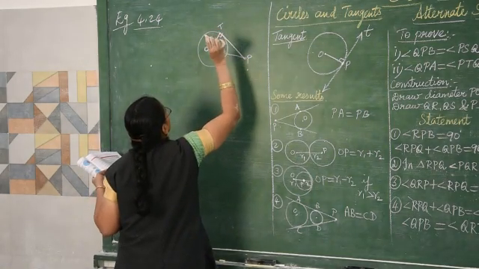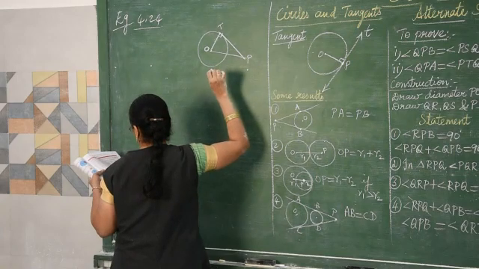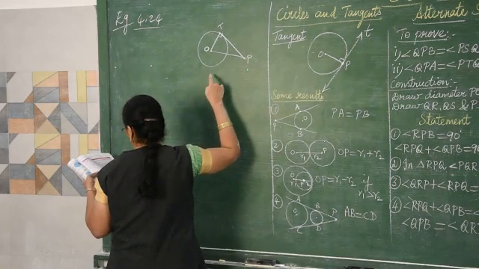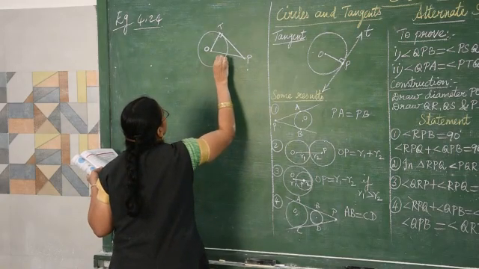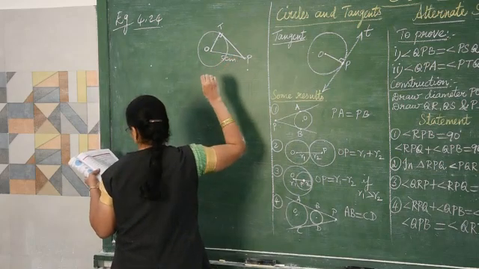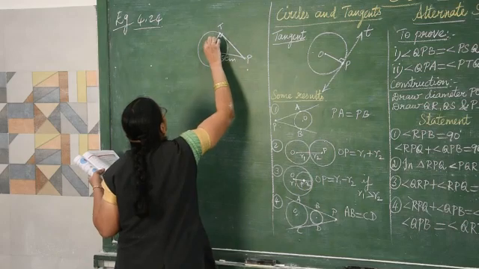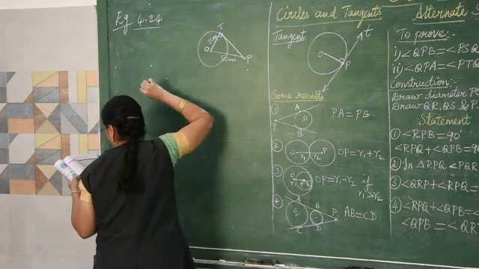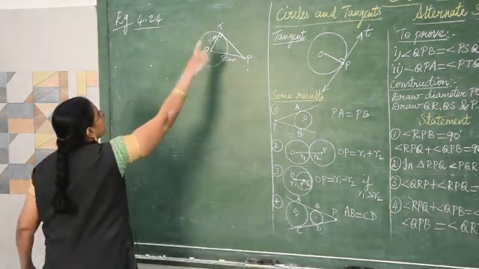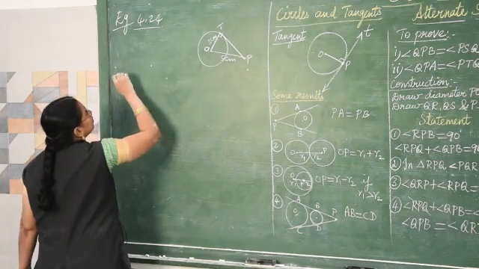Here it will make 90 degrees. The distance from the center to the point is 5 centimeter and the radius is 3 centimeter. The length of the tangent PT you need to find out.